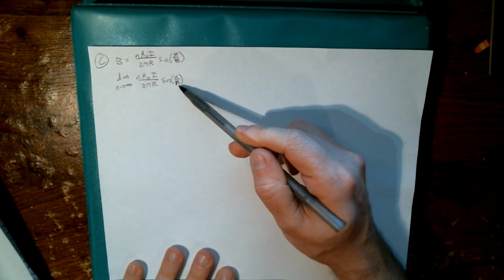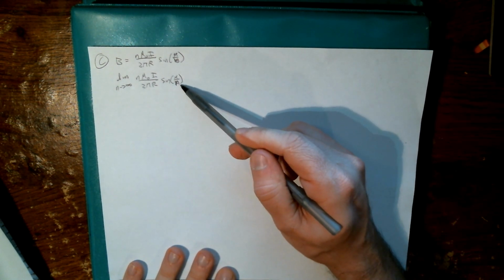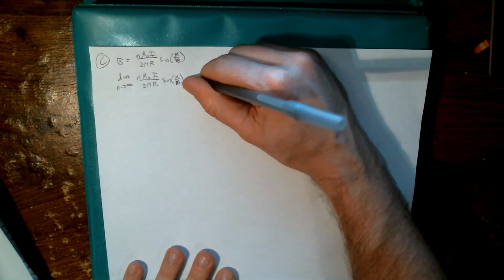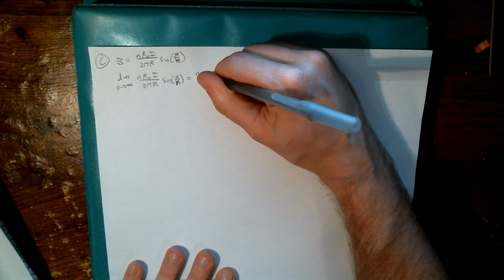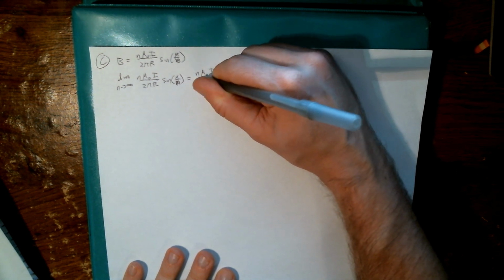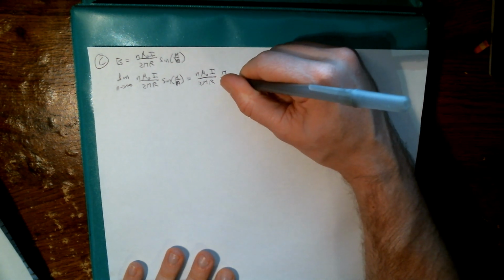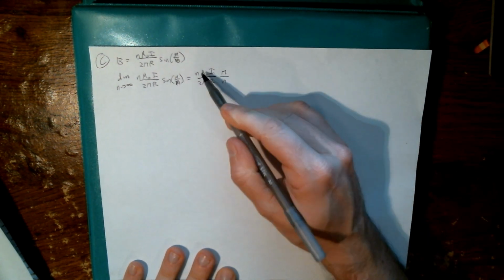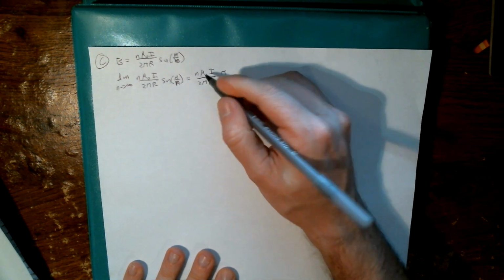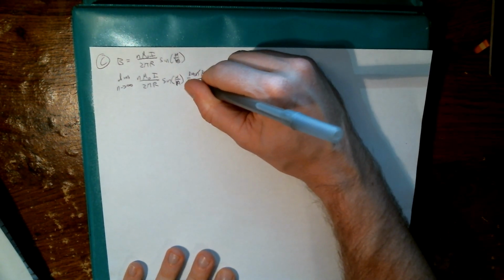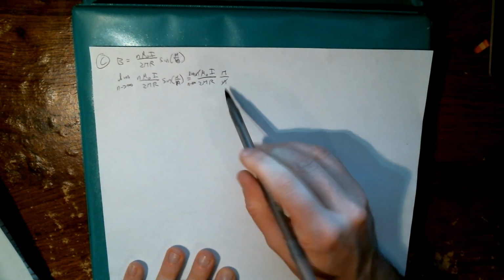And we can see that this angle inside the sine expression is going to get very small as n becomes very large. So we can use a small angle approximation and change it to n mu naught I over 2 pi r times pi over n. And these n's are increasing at the same rate. They cancel. Oh, and this is the limit as n approaches infinity.